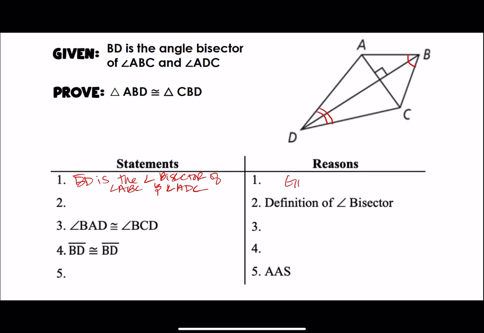And that's just our given. Next, using the definition of angle bisector, you can say, and we've already drawn it on our picture, that angles ABD and CBD are congruent, but also angle ADB is congruent to angle CDB.